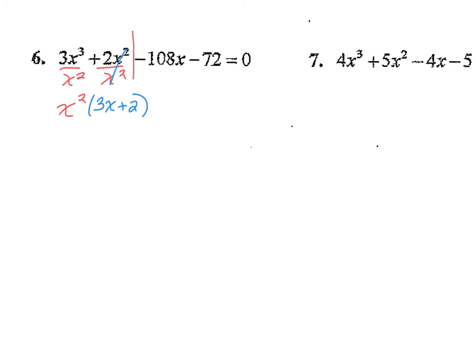Then look at your next one. So here, 108 is rather large, and so is 72. So oftentimes, since I know I'm looking for 3x plus 2 to be over here, I'm going to take the 108 and divide it by 3 on my calculator just to see what I get. And sure enough, 36 is the result.